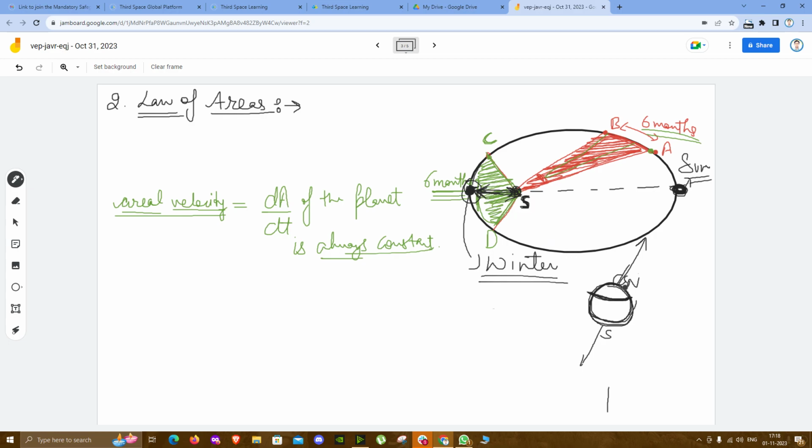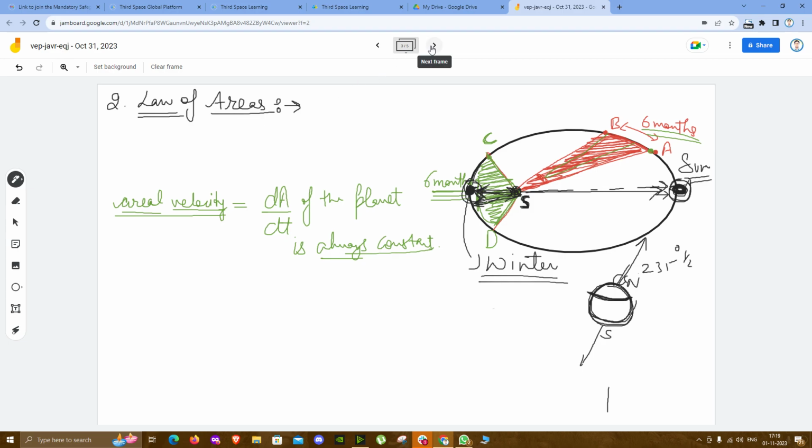It will be slanted, because the Earth is tilted by 23.5 degrees. At the aphelion there is summer, because they are aligned in such a way that sunlight is direct on the surface of the Earth. It's direct, so there is summer. In this other case it is not direct, so the heat is not absorbed as much. This was just extra knowledge. You just need to remember the definition of the law of areas.